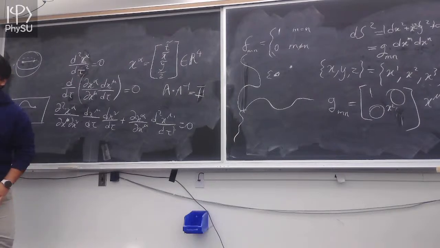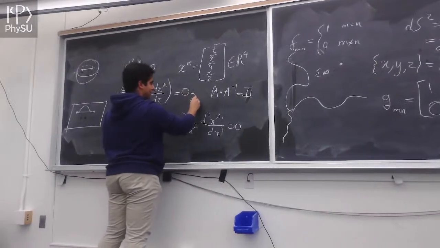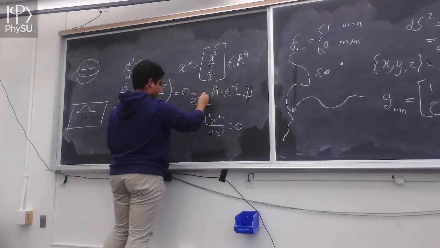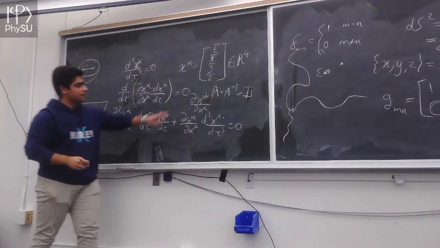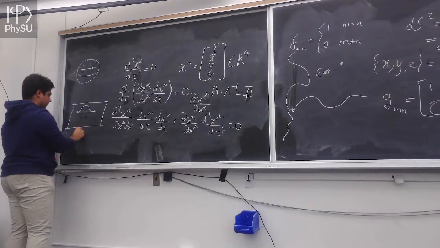So again, this is a very non-rigorous part. I'm going to multiply it by this, and I'm going to call this the inverse of A. So multiplying both sides by this, we get something.